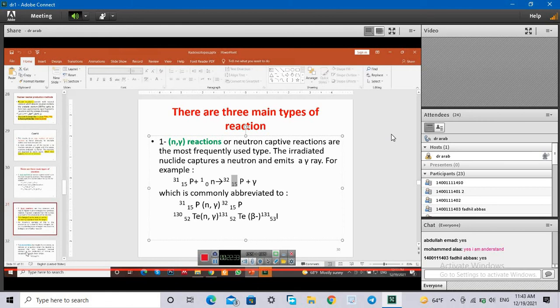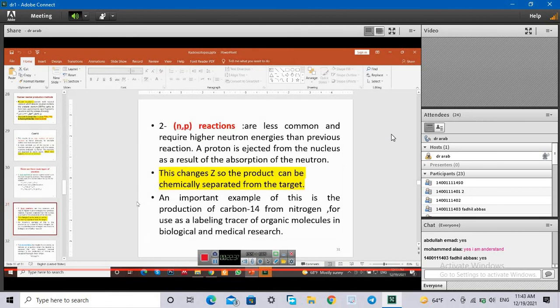And the other event that can occur when a nucleus captures a neutron is proton emission. These reactions are less common and require higher neutron energy, as a proton is ejected from the nucleus as a result of the absorption of the neutron. The main property of production of radionuclides this way is that it produces radionuclides much like fission.